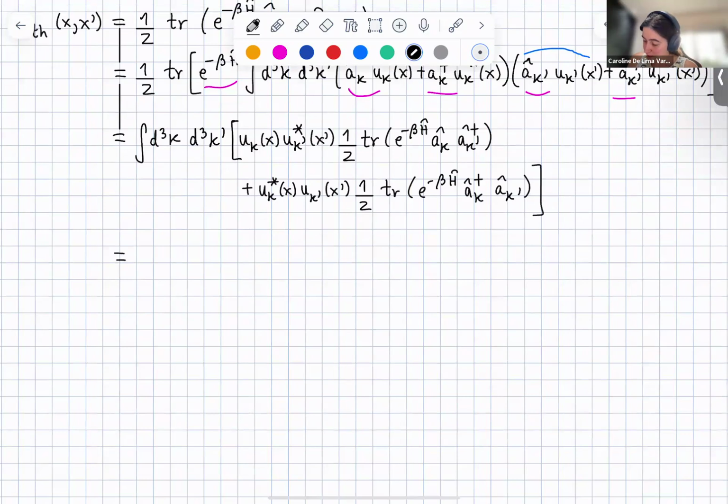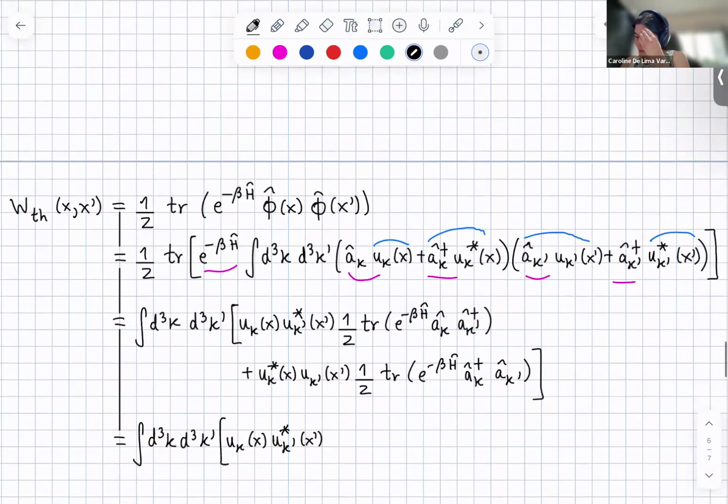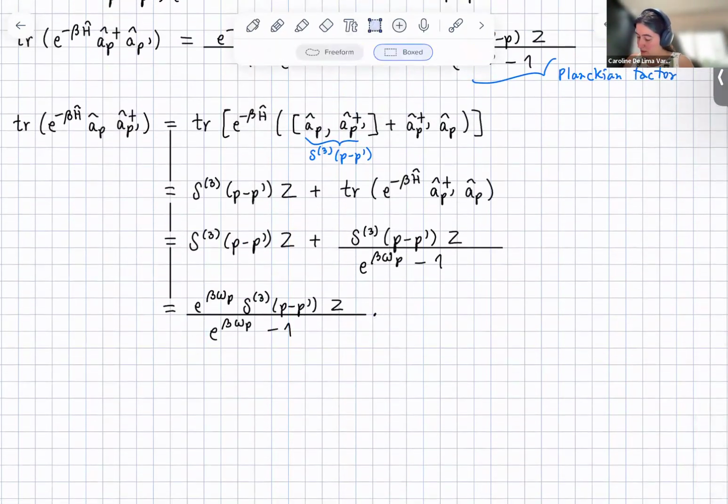So now, what do I have here? I'm going to rewrite, substitute what we found. So I have u_k of x, u_k' star of x prime. And then if you go back, we want the annihilation times the creation, which is this result that we have here, right? This is the result.